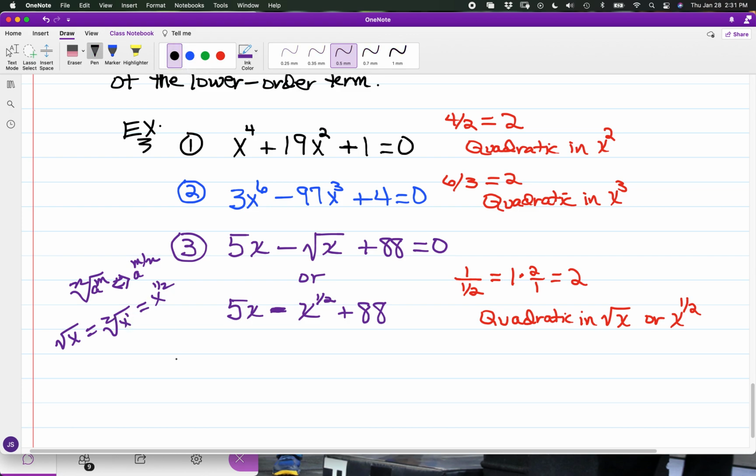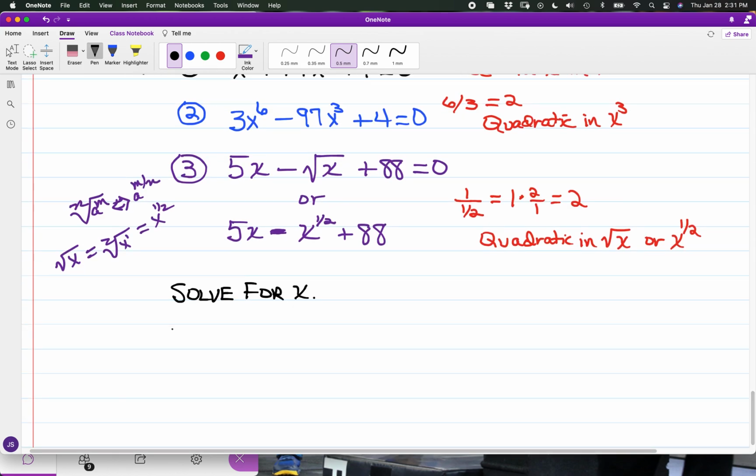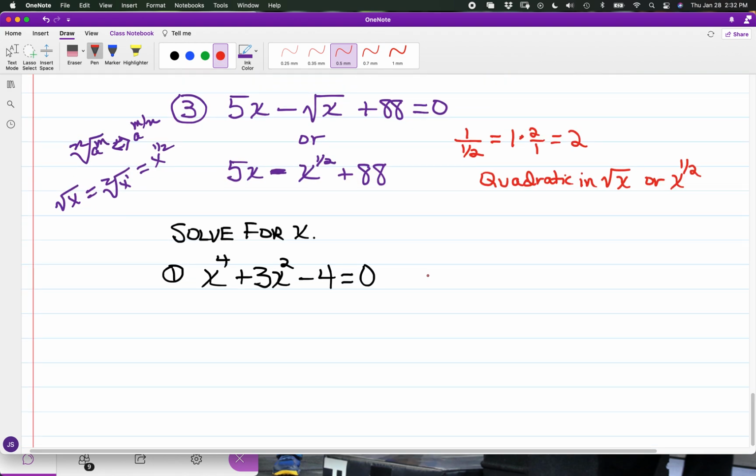Now, crossing over to solving for x in the case of equations that are quadratic in form, say we have x to the 4th plus 3x squared minus 4 is equal to 0. Just like the first example, this is quadratic in x squared.